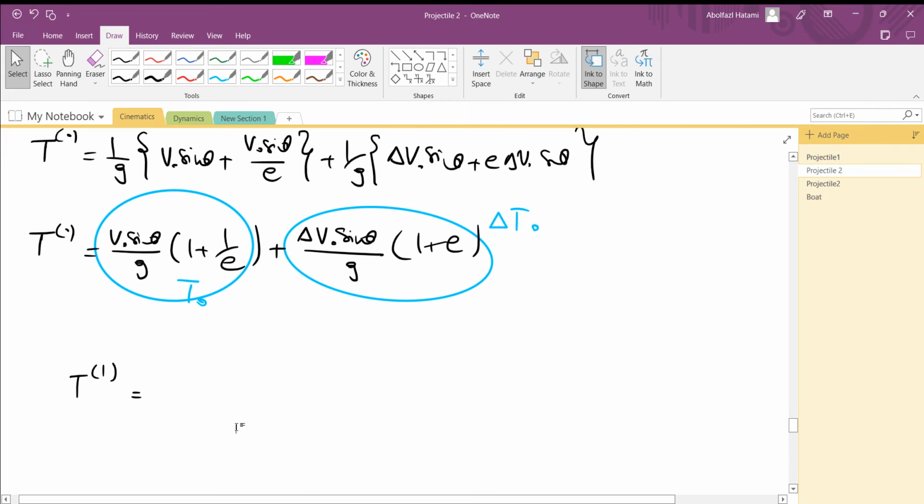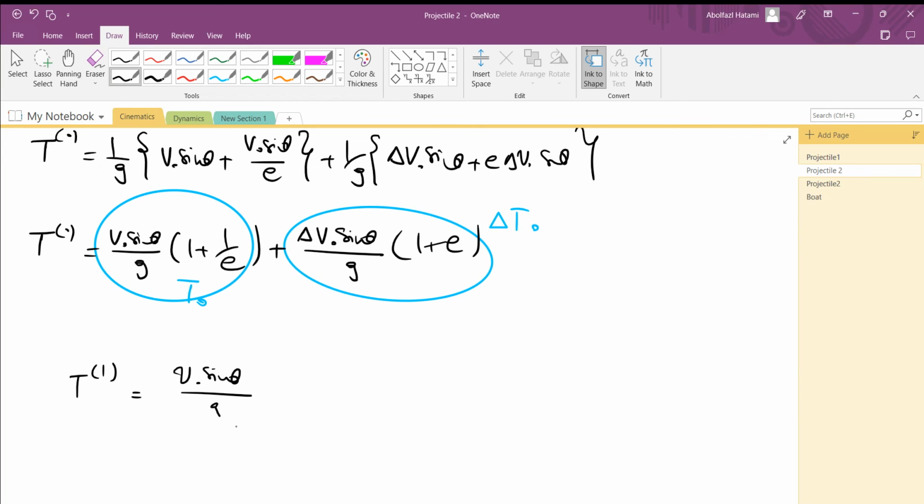I will understand that tn is going to be something like this term, which is constant, plus e to the power 2n delta v0 sine of theta over g times 1 plus e.